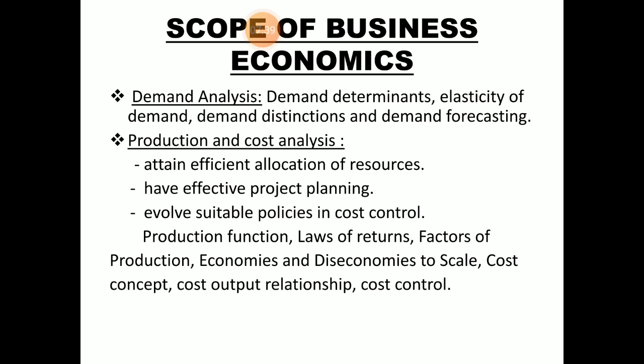When we say attain efficient allocation of resources, we all know that producers are faced with the problem of limited resources. So, when the resources are limited, we need to make an efficient allocation of resources so that wastages can be minimized and returns could be maximized.